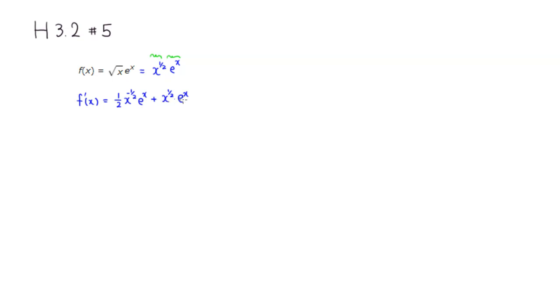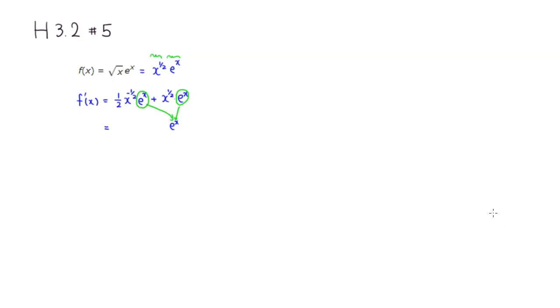Since e to the x is in common, I'm going to pull out the e to the x. I'm just pulling out this one and this one, since there's no reason to write it twice.